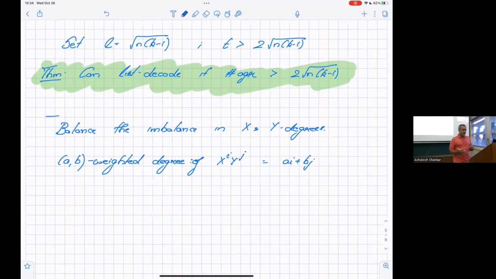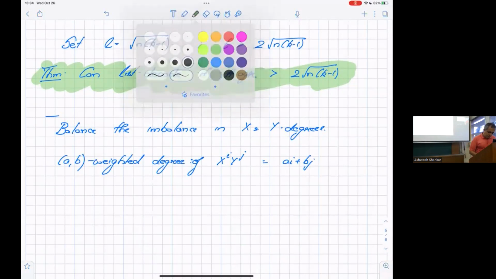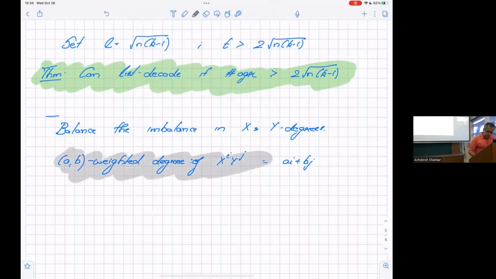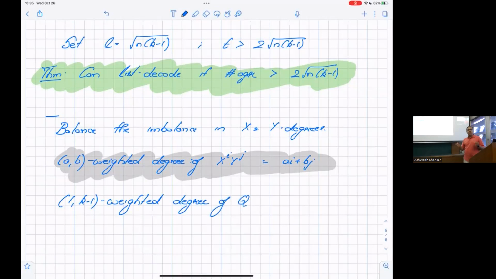And what we really care for is the (1, k minus 1) weighted degree of Q. That's the degree that matters in Q of x comma p of x.